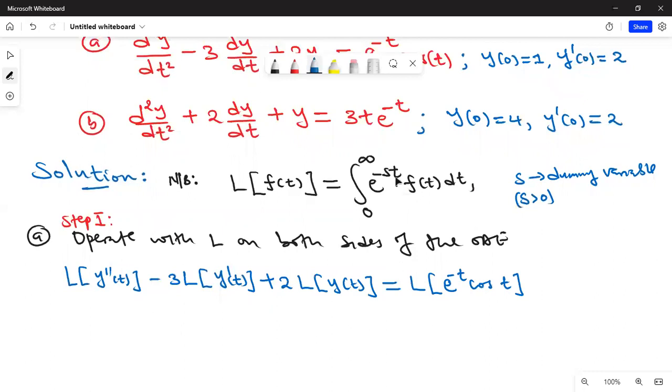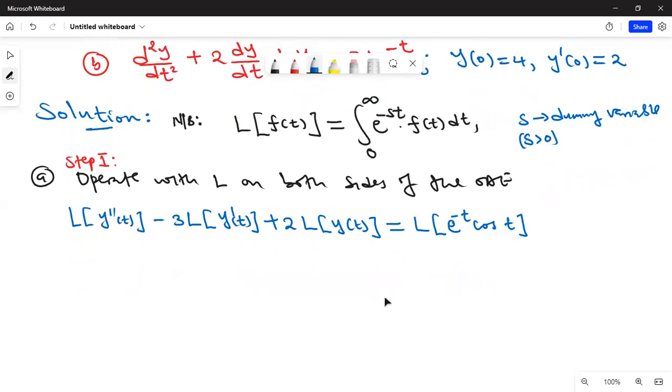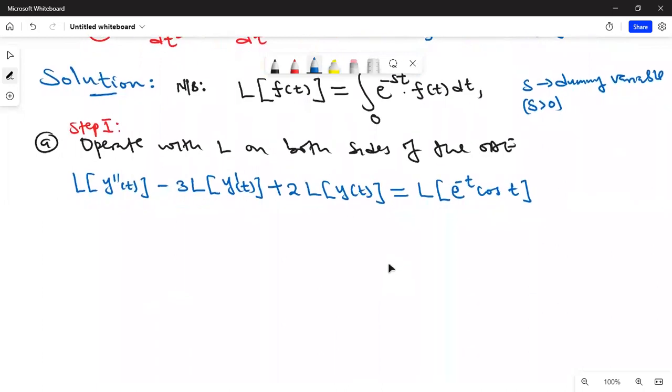So now we know how to find the transform of derivatives and also the transform of the function on the right-hand side. If you cannot remember, then you need to use the Laplace transform table.